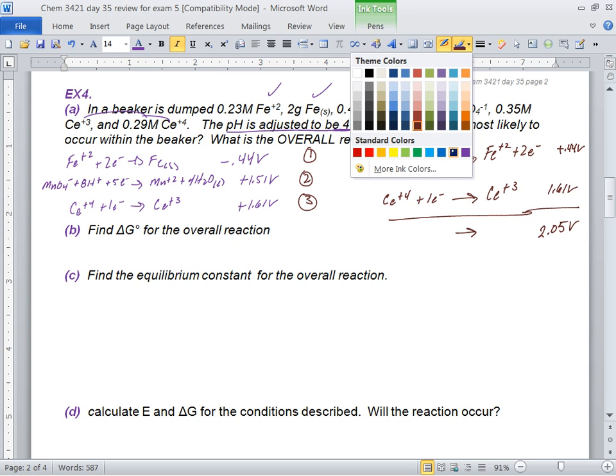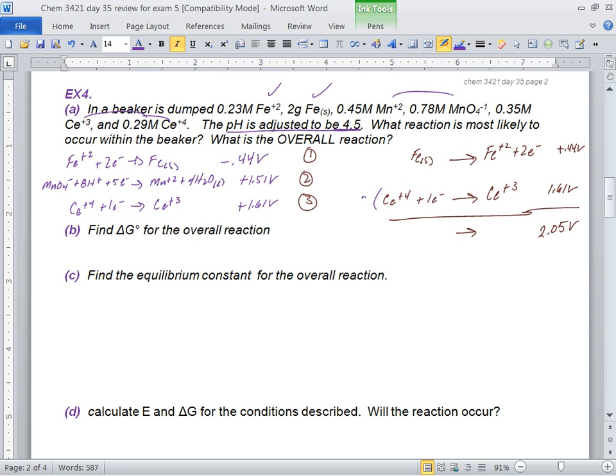They want an overall reaction, so you're going to have to cancel those electrons out.